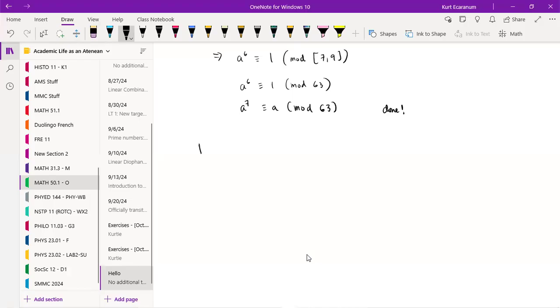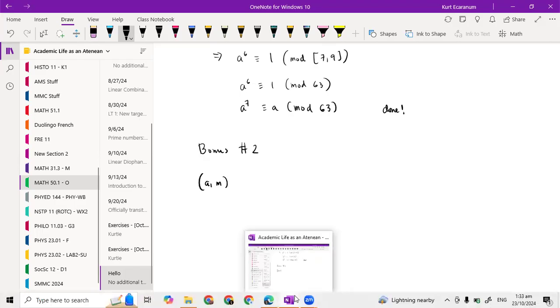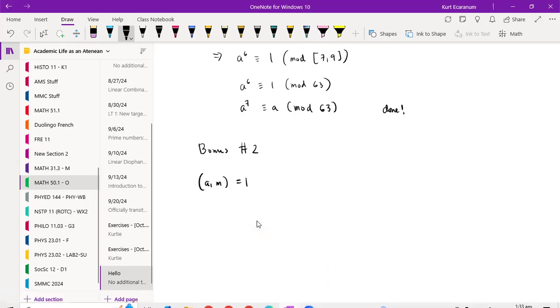For this bonus number 2, we will use the hint from earlier: if the GCD of a and m is 1, then the GCD of m minus a and m is 1.